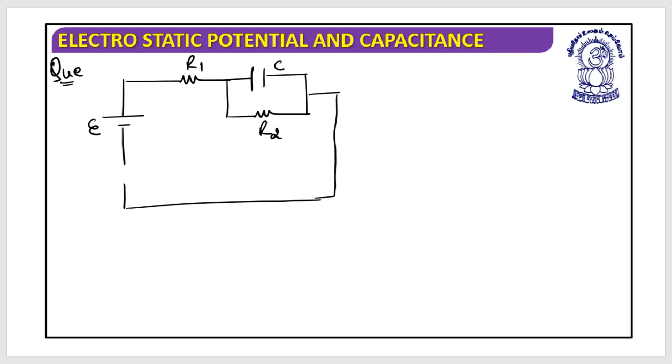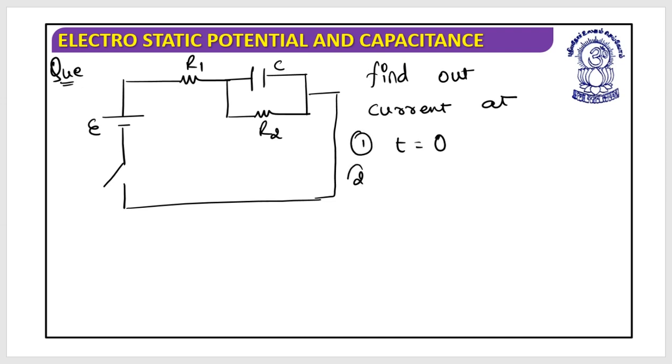So this is the circuit, and here one switch is connected. What they want is to find out the current at first t = 0 and second at t = infinity. You want to find out the current at these two instants, at t = 0 and at t = infinity. So let's begin then.